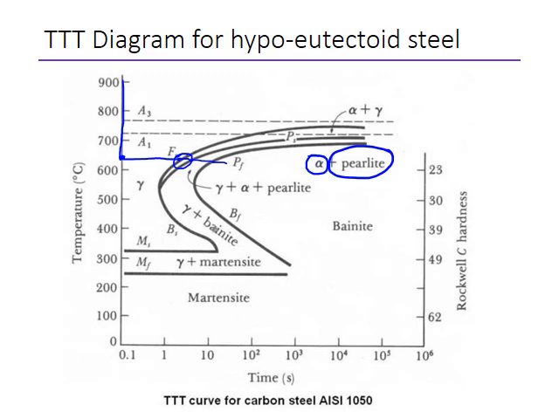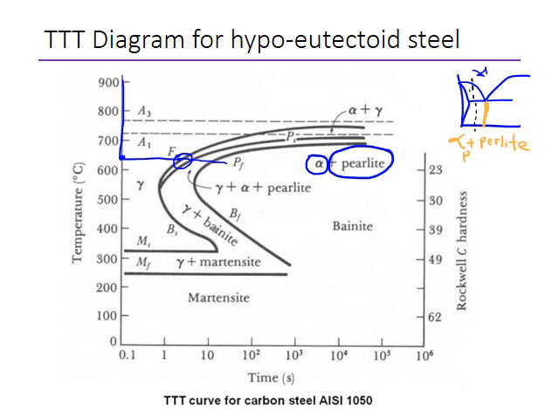Now, we know that if we have equilibrium, then we can know the amount of primary phase by using the lever rule, remembering that this is ferrite and this is going to be the region with ferrite, primary ferrite, and pearlite.